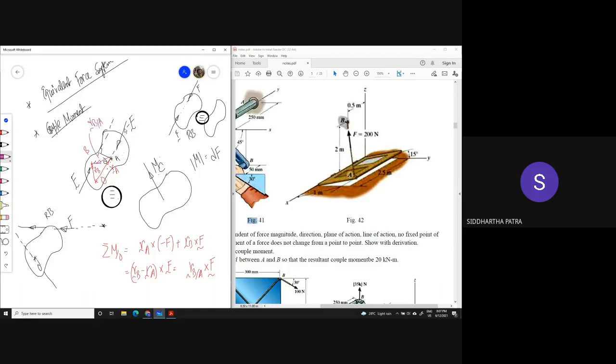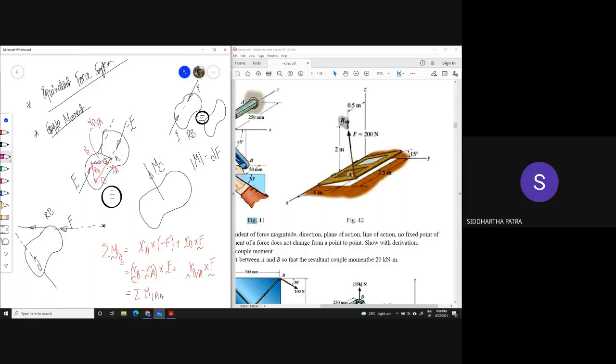That is 0, because minus F directly passes through A. So this is also the moment of the two forces with respect to A. And for that matter, you can take this arbitrary point O anywhere in the universe, and you are still going to get the same moment about that point.